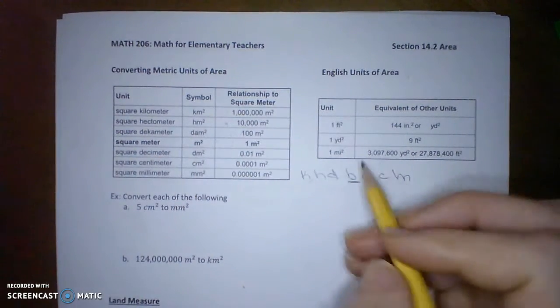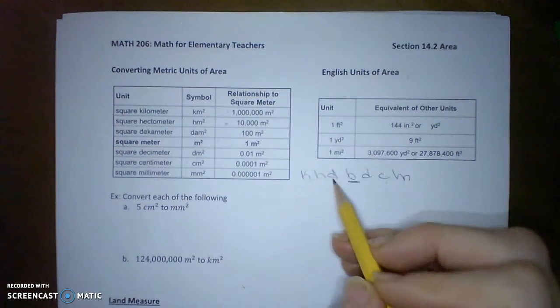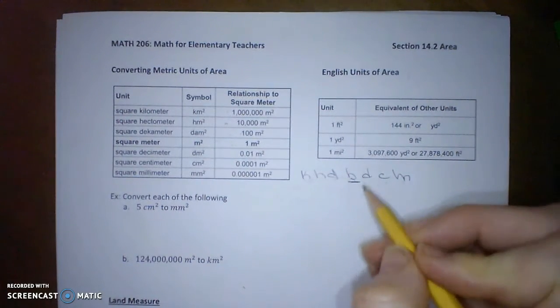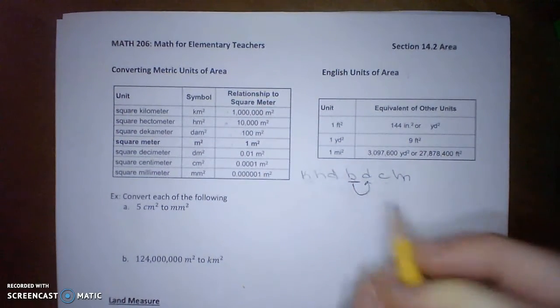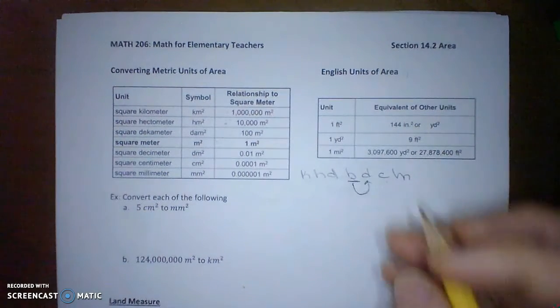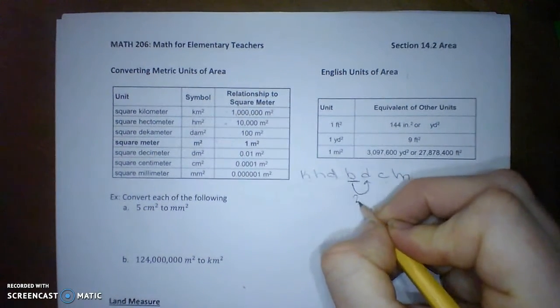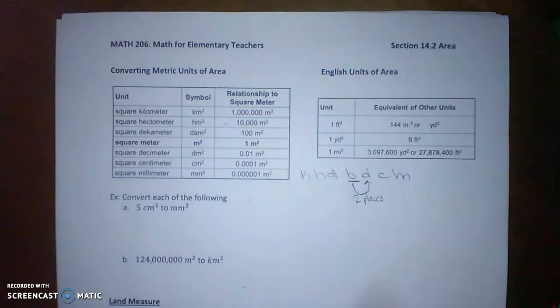So basically what we're doing is you can use this same mnemonic device. King Hector died by drinking chocolate milk. But every time that you move, it's not just one decimal place, it's times 100 or divided by 100. So that's 2 places for each jump along the staircase here.